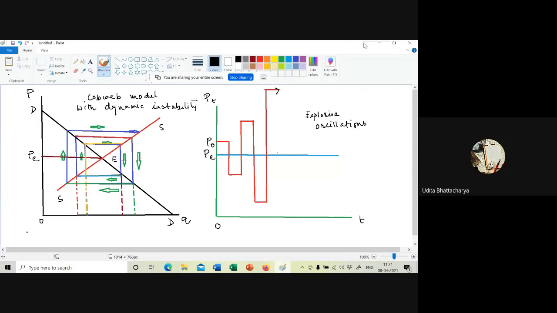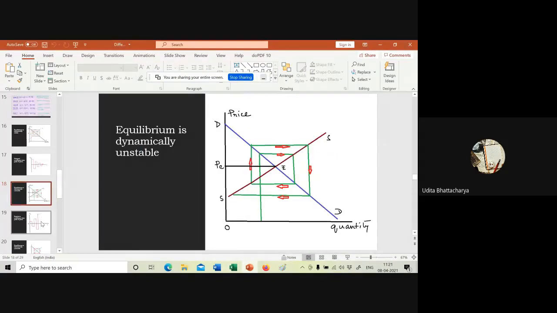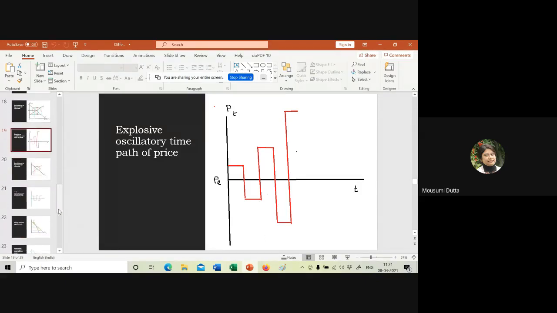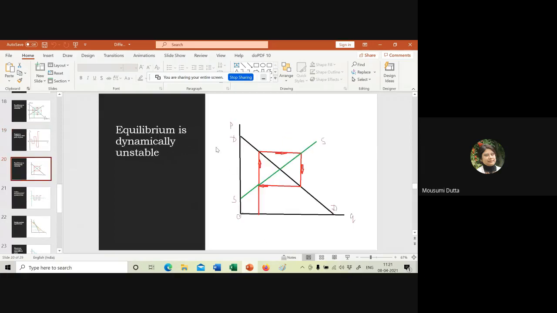Ma'am, it is clear to me. So this one is the thing which we have completed. And finally, in this kind of oscillation, this is the last case. You have to lock the box.